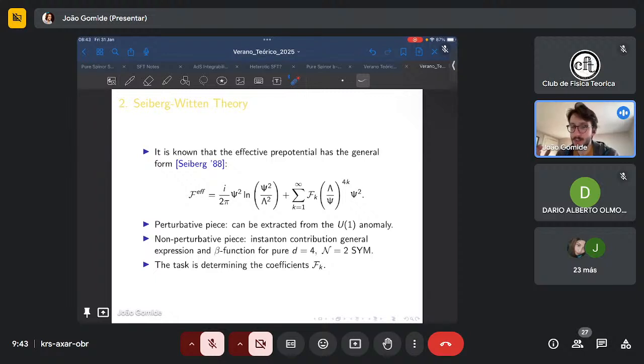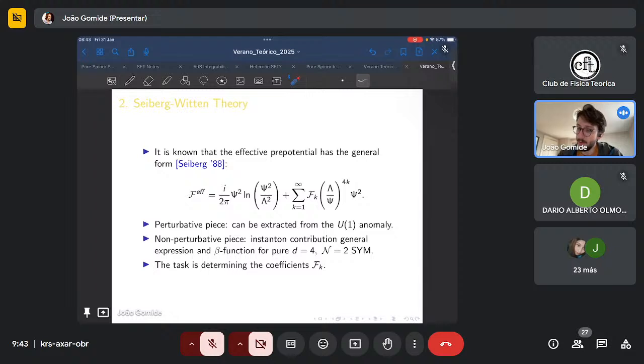But you can also have non-perturbative pieces which are not accessible through just doing perturbation theory, in other words, in the regime where the theory is weakly coupled. And this is usually really hard to compute. These are precisely the pieces which we want to determine today.